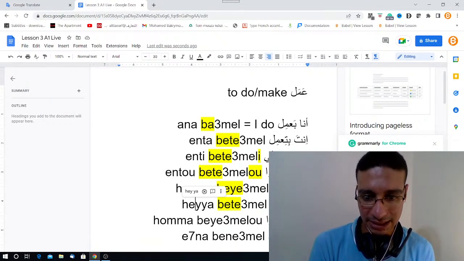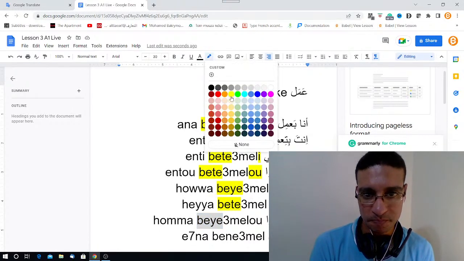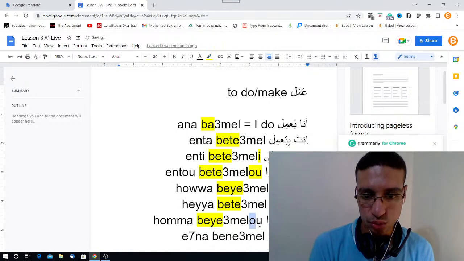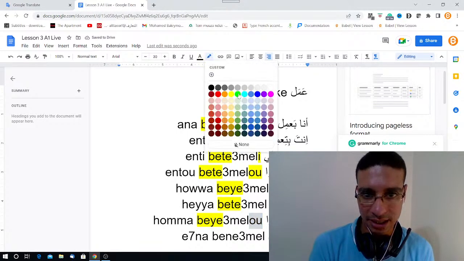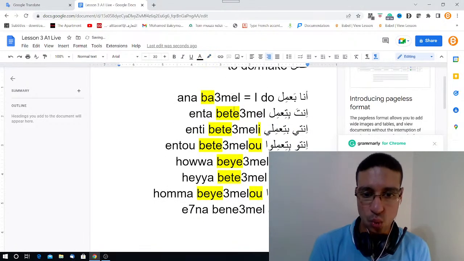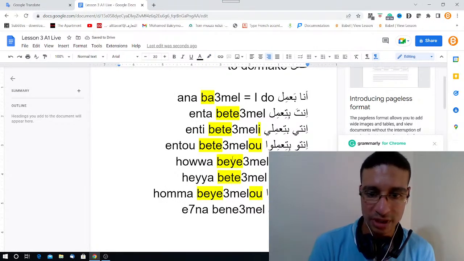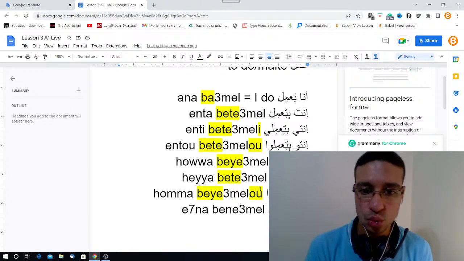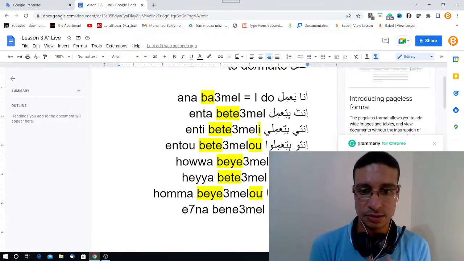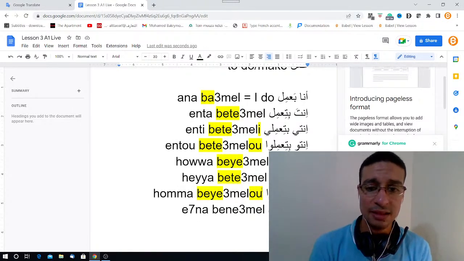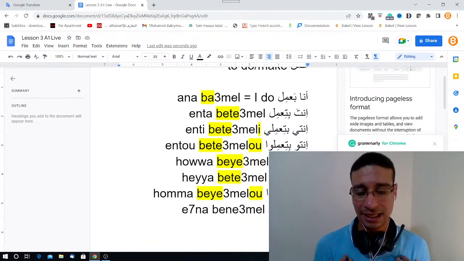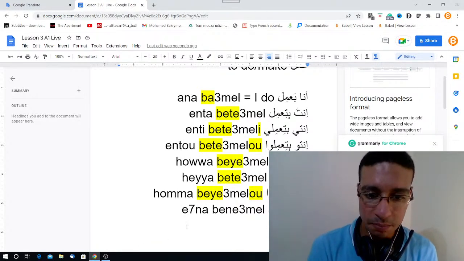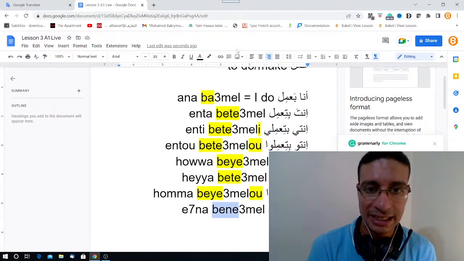So هي بتعمل, هما, they, بيعملوا. So here we have بي, okay, and then u at the end. So it starts like هو, like the conjugation with he, then هما بيعملوا. So u means that this is plural. And then the last one is إحنا, we. This is بنعمل, so بنعمل.